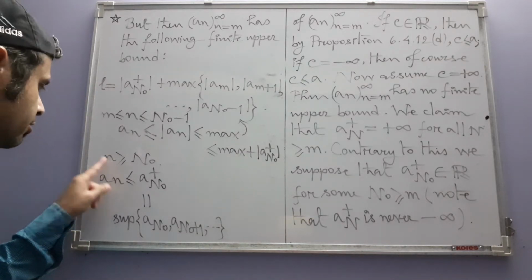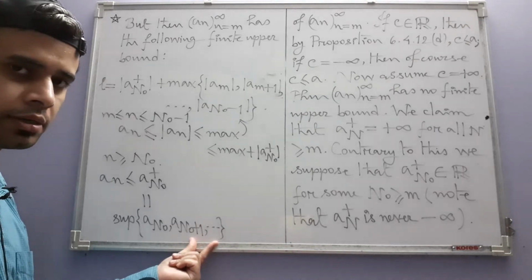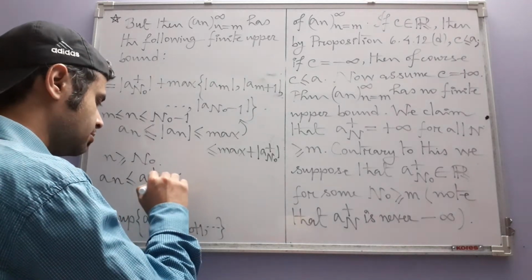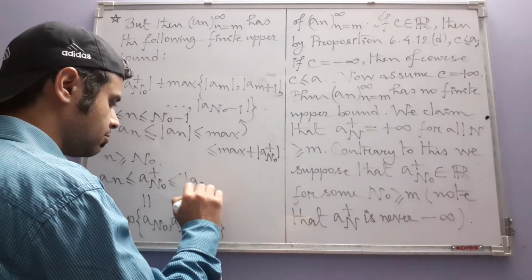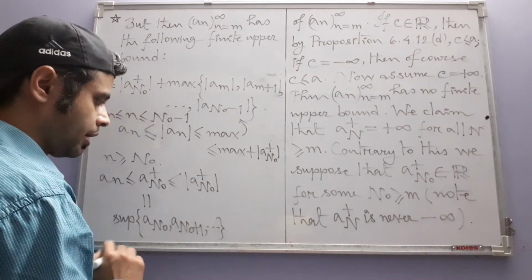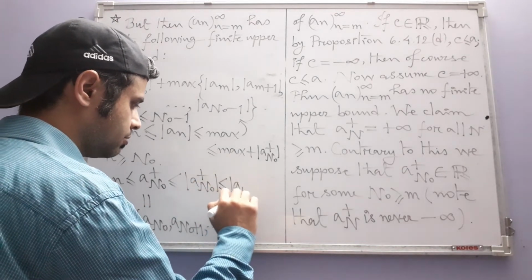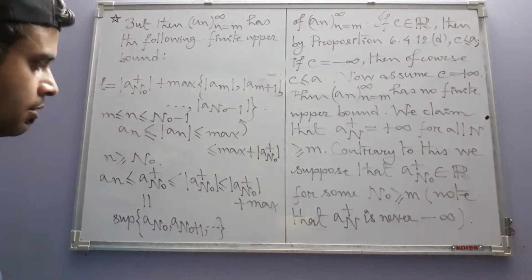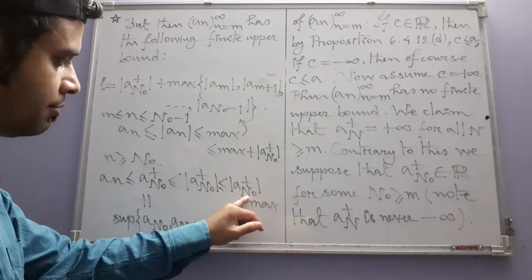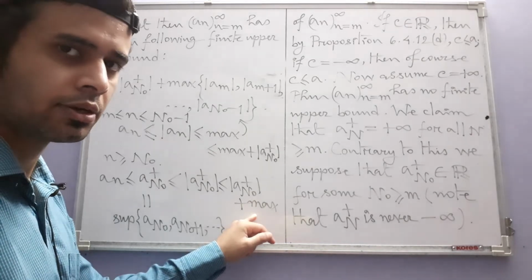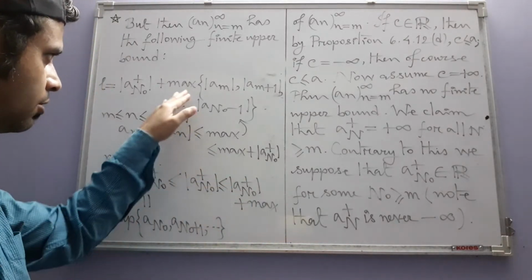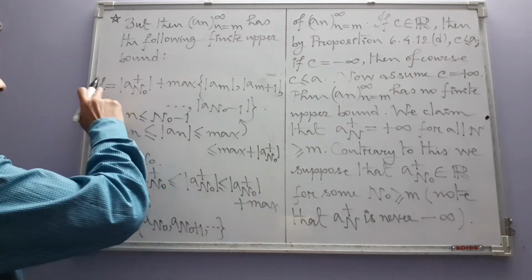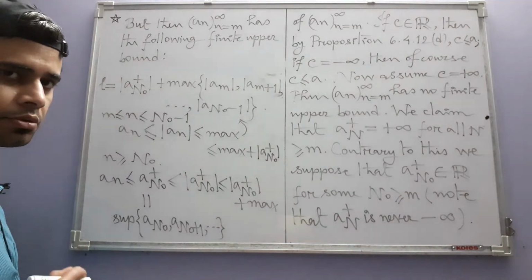So for our particular n, this an is here somewhere, so that should be less than or equal to the supremum of the set, and this itself is less than or equal to its own absolute value, and that is less than or equal to this plus that maximum. Note that just like this is a non-negative real number, this maximum itself is also a non-negative real number, because it's the maximum of finitely many such non-negative real numbers. And this is how this L is a finite upper bound of our sequence.